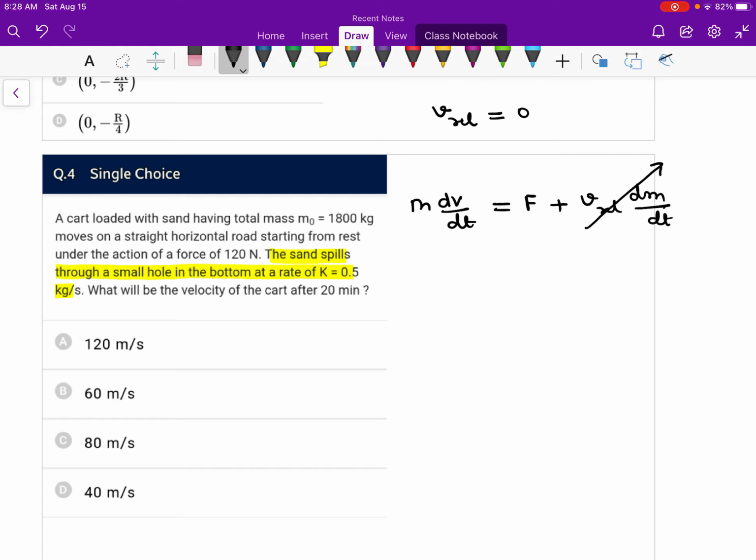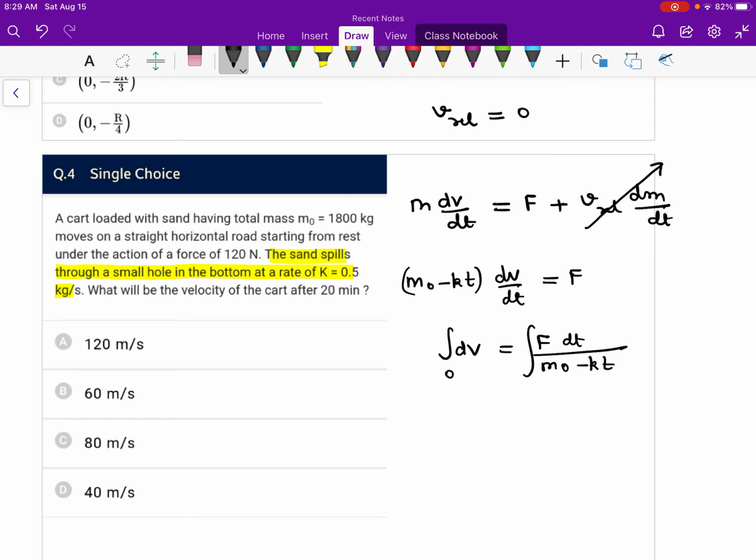Okay, mass of the loaded sand is m0 minus kt. Okay, dv by dt is equal to f. So this is dv is equal to f dt upon m0 minus kt.